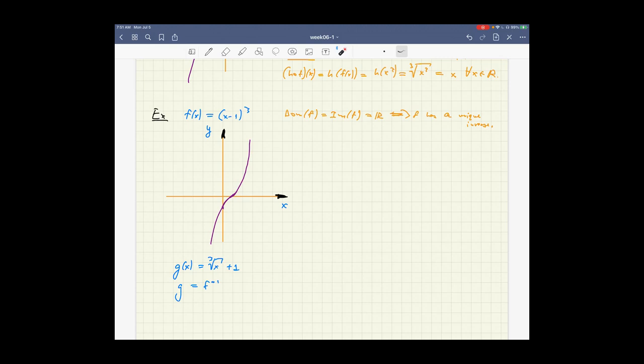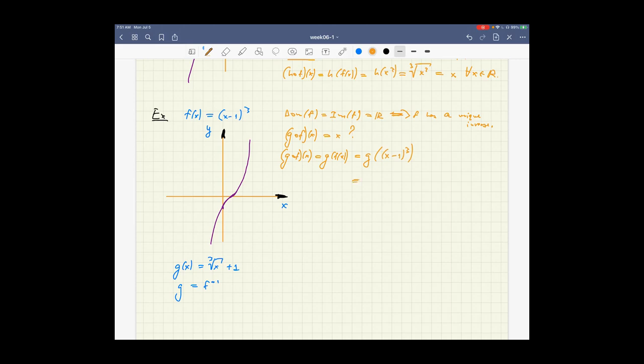Now the question is, is it g? Well, we simply need to check whether g composed with f of x equals x. g composed with f at x is g of f at x. f is (x minus 1) cubed.